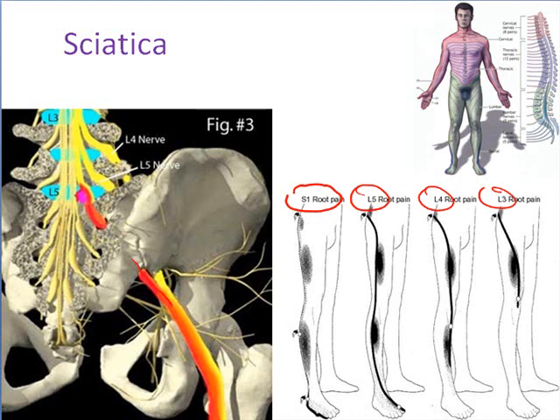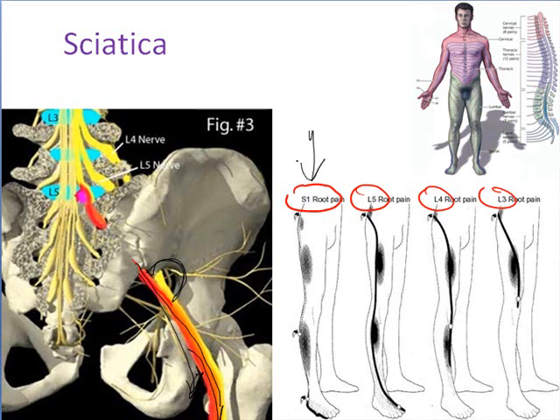They pass out through the greater sciatic notch here and down by the anterior portion of the pelvis and down the leg. And depending on which of the spinal nerve roots is nearest to the point of irritation, whatever that irritation might be, will determine the pain sensations and the locations of those pain sensations that the person feels.